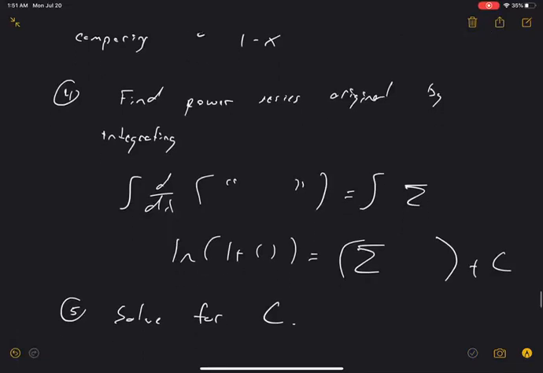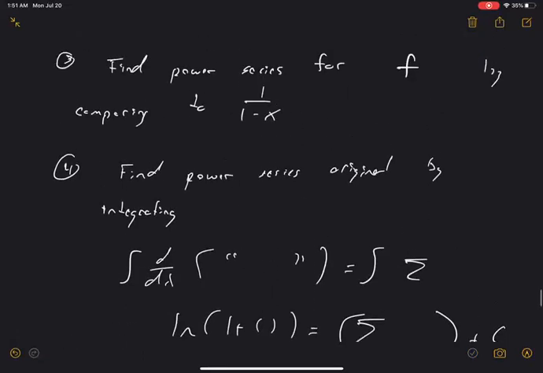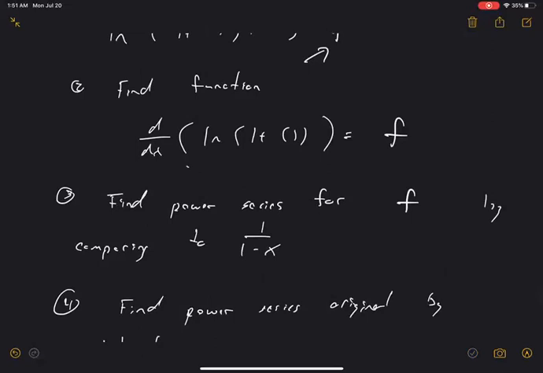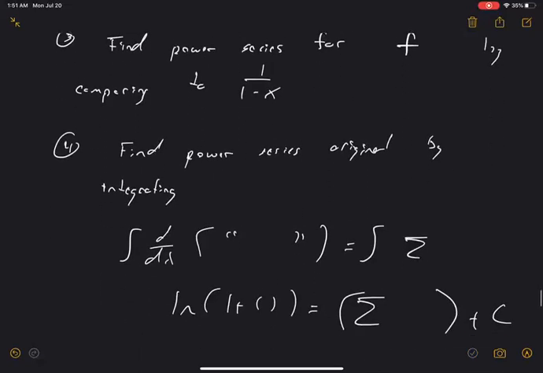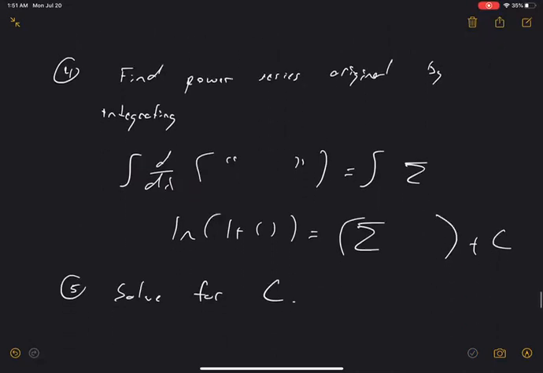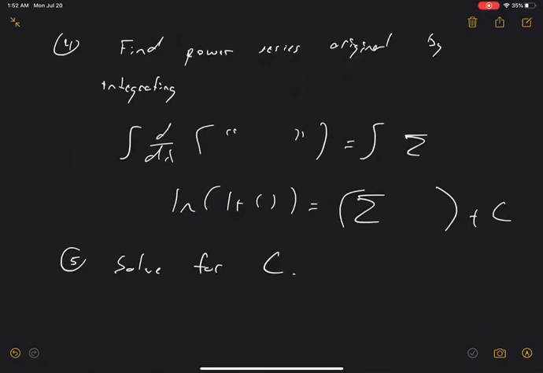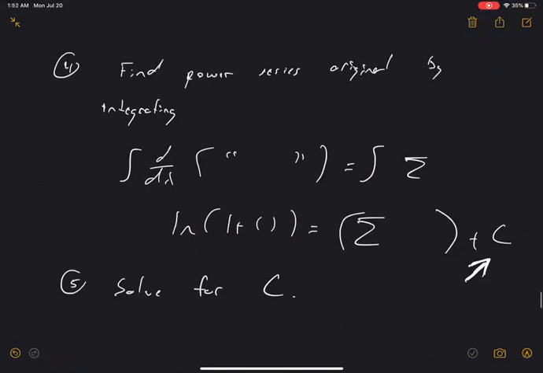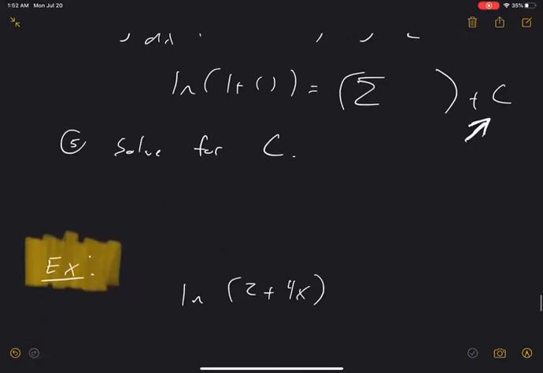Now, I have a power series, but it's for the derivative of my function. So how do I find the power series for my original? I integrate both sides. Then in this type of problem, I'm going to end up with a constant of integration, and that's not redundant. In this type of problem, we do need to figure out what that c is.